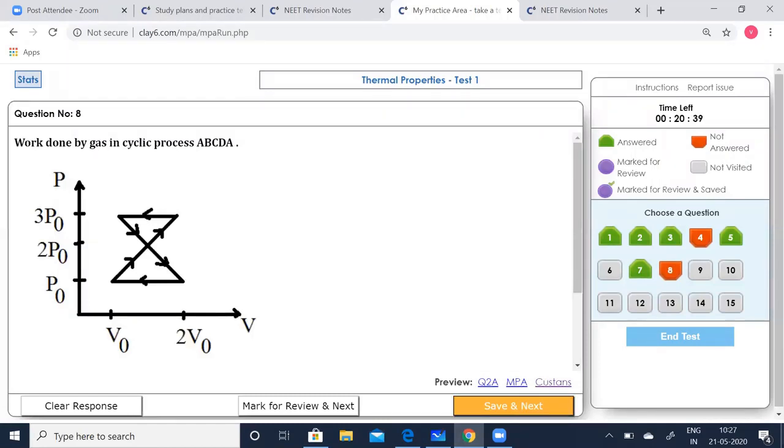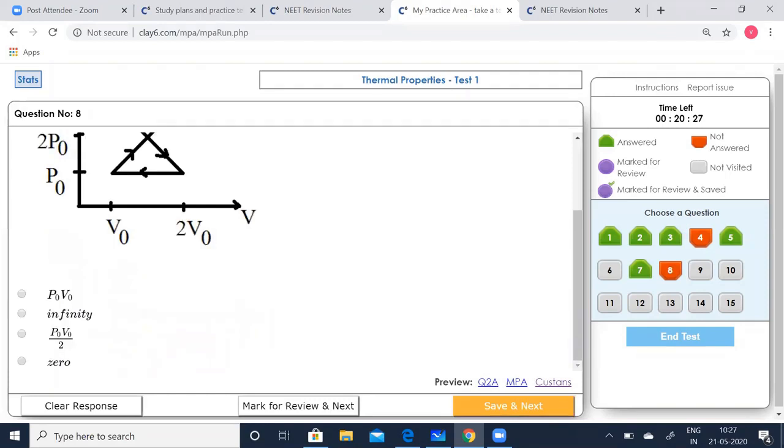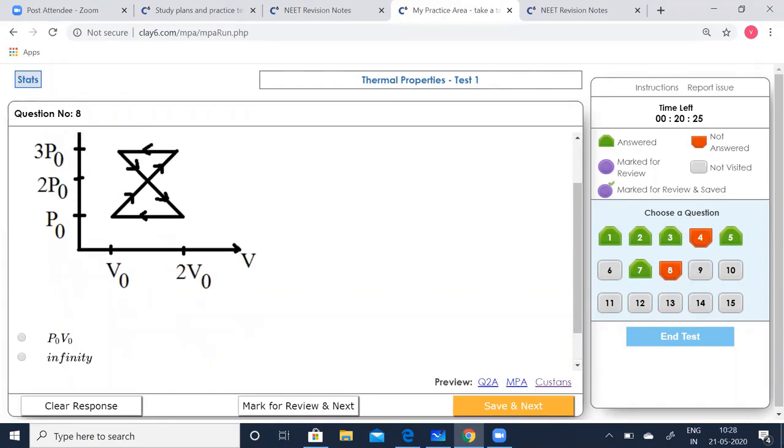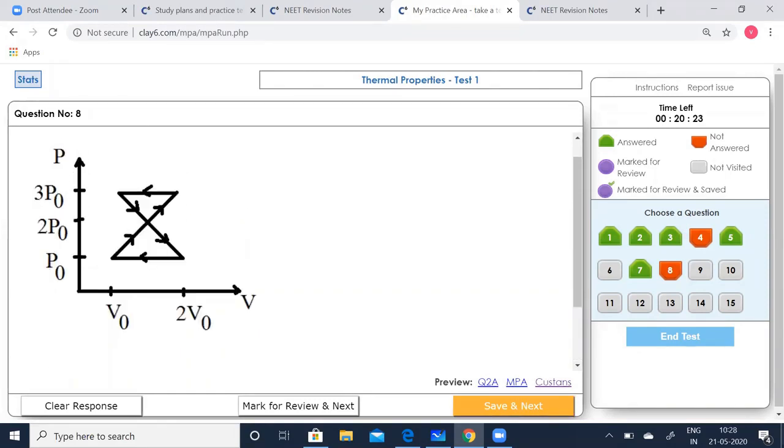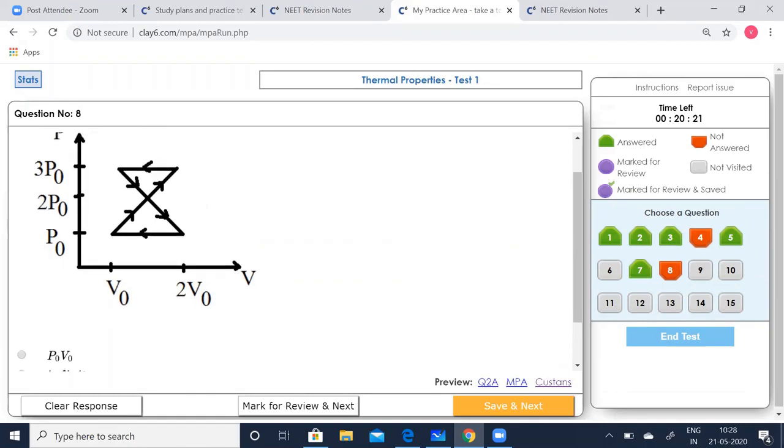Work done by gas in cyclic process A, B, C, D, A is given by this graph. So the positions are given. You can look into this carefully.